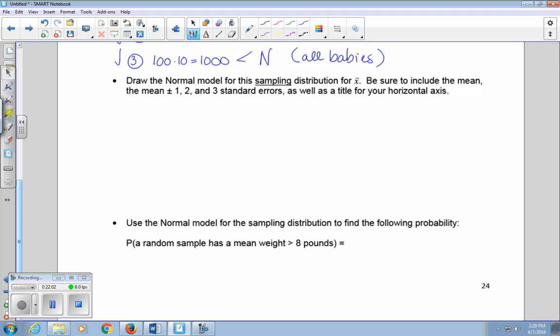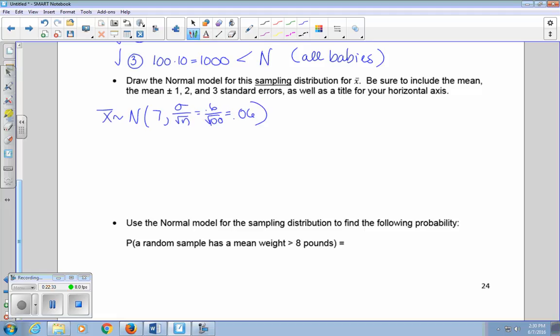The central limit theorem says that our X bar is going to be normal. It's going to have mean mu, which is 7, and standard deviation sigma over the square root of n. In this particular case, that's 0.6 over the square root of 100, which equals 0.06.